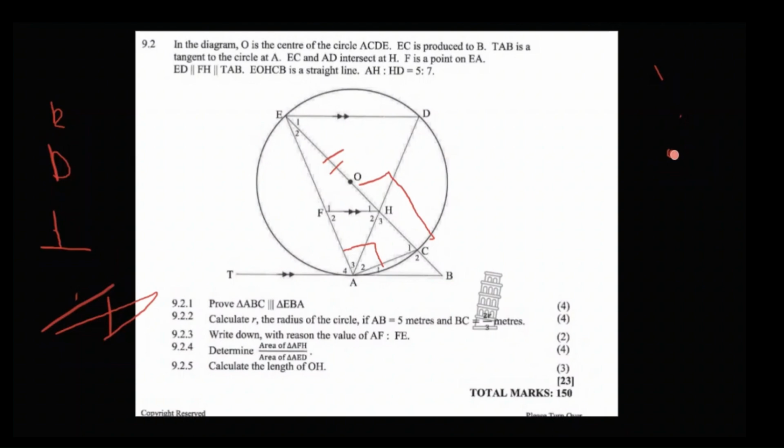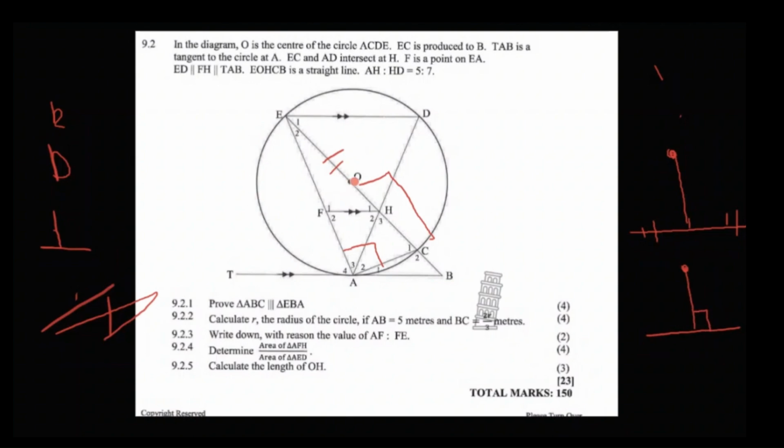This line segment needs to stem from the center and touch a chord, and if that chord is split into two equal parts, that is where the theorem will apply. Or if that line touches a chord and there's a 90-degree angle between that line and the chord, that's where it's also going to apply.